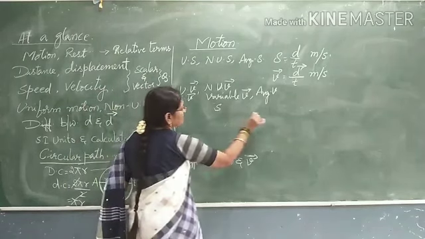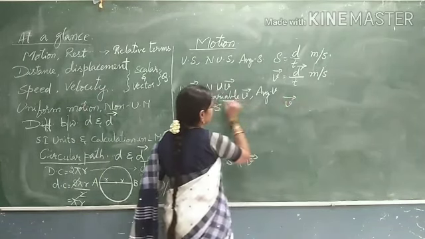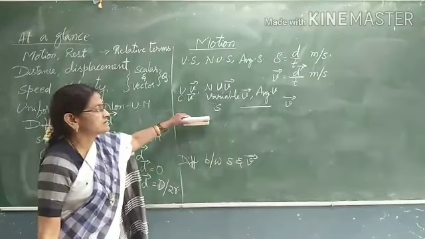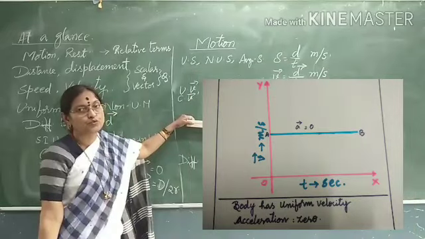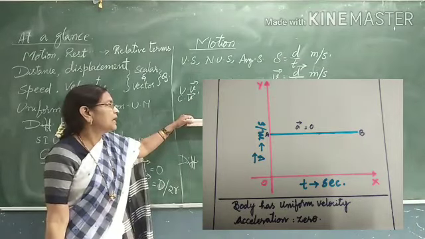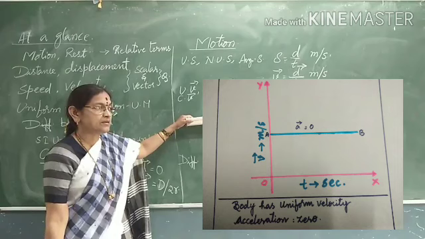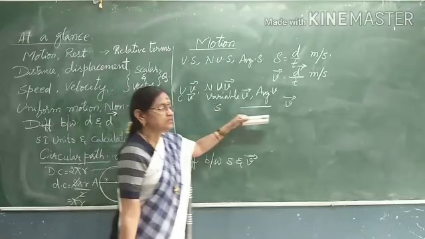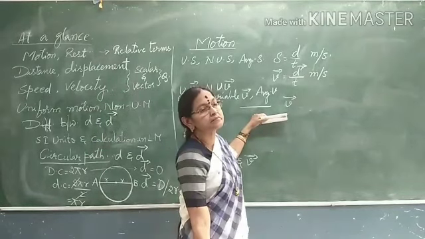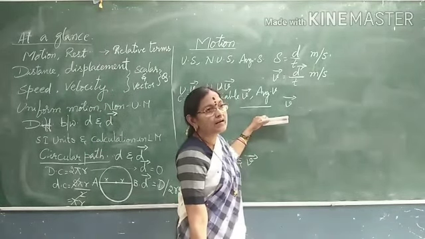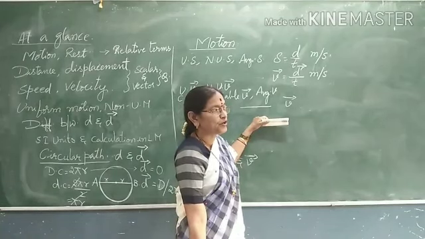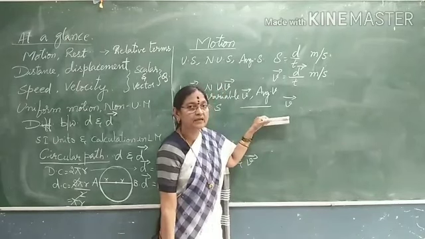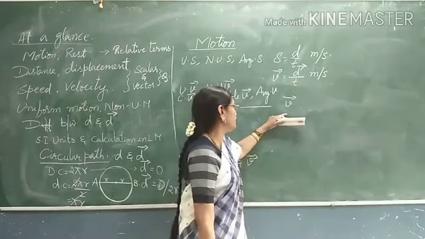Now speed and velocity, when you are taking, listen carefully. Speed is distance covered by a moving body in unit time, or rate of distance covered by a body is known as speed, whereas velocity is rate of displacement of a moving body, or displacement of a body in a particular direction from its initial position to final position, called as velocity.